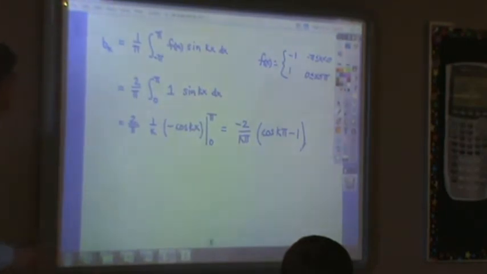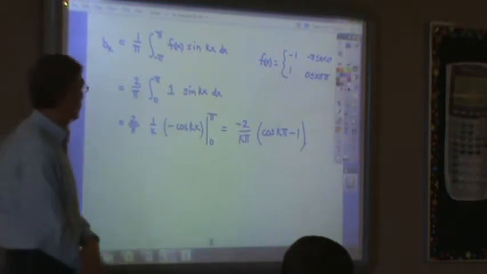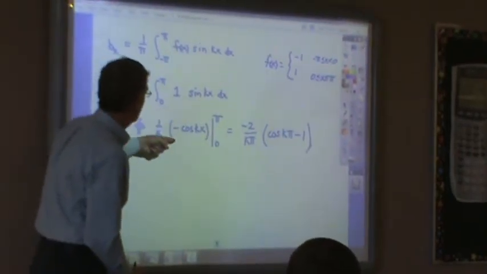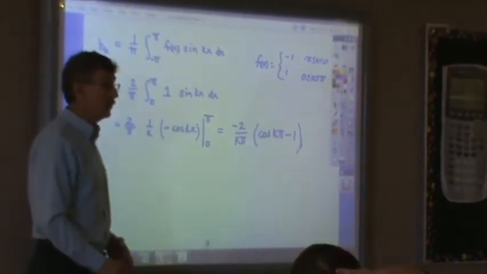Could you put brackets around the whole thing before and put that in, if you wanted to keep the 2 over pi out front? Yeah, square brackets with the 0 and pi on them are fairly standard.